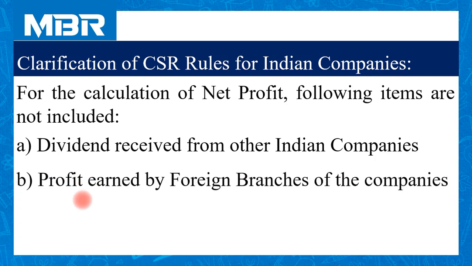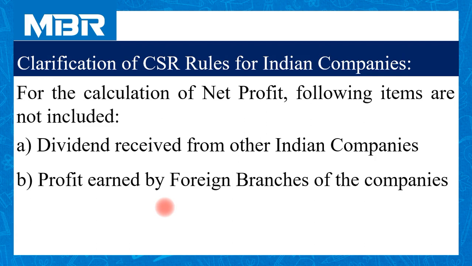Second, profit earned by foreign branches of the companies. Suppose company X has certain branches outside India. Say for example, one of the branches is in Japan, one in Germany, one in USA. So all branches located outside India are also earning profit for the company.